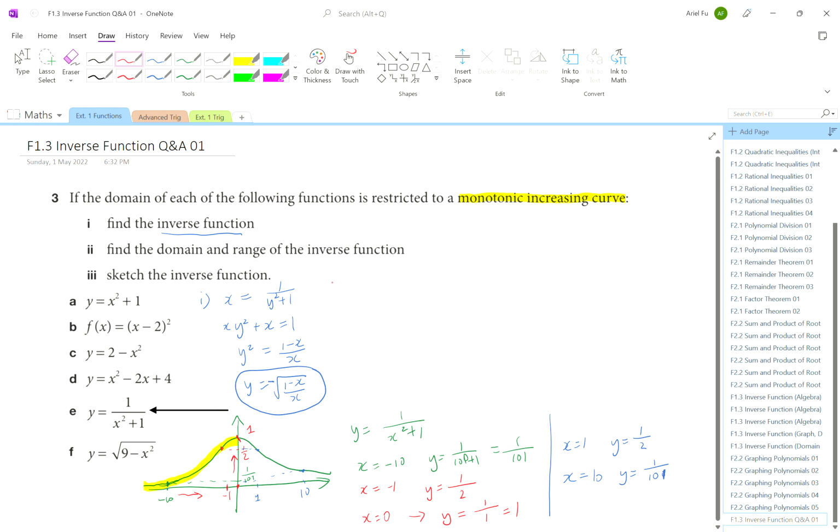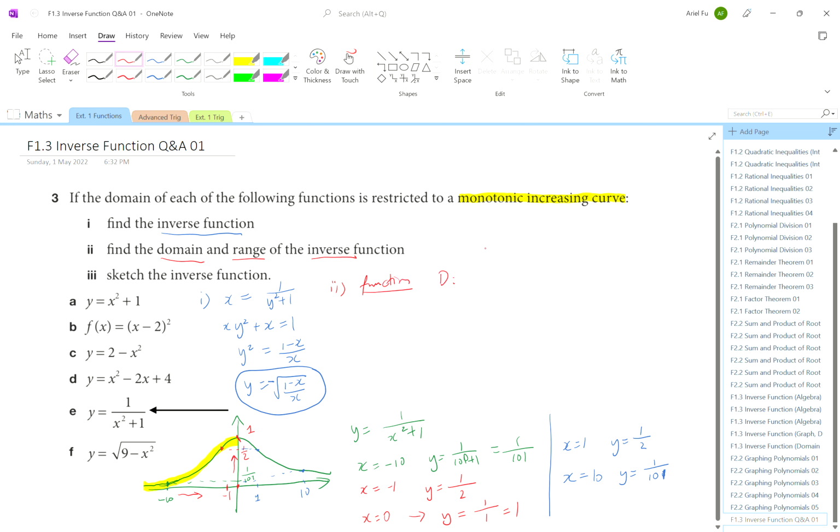Let's now look at the second part. The second part is asking for the domain and range of the inverse function. So I know that if I find the domain and range of the original function, I can then find the range and domain of its inverse because it's just swapped. For the original function, what is the domain?